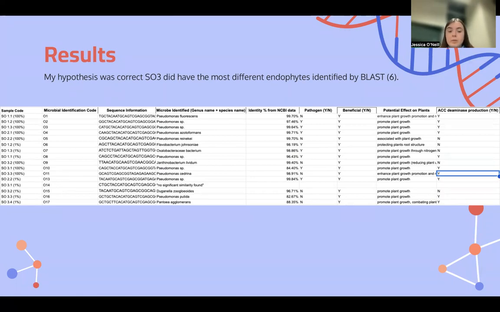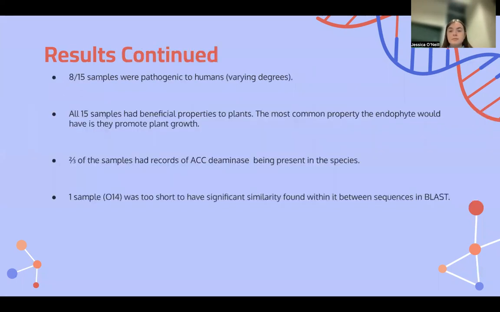One sequence was so short that BLAST was unable to find a significant similarity within it. In addition, with my results, 8 of the 15 samples that I cultured were pathogenic to humans. These were pathogenic in varying degrees.